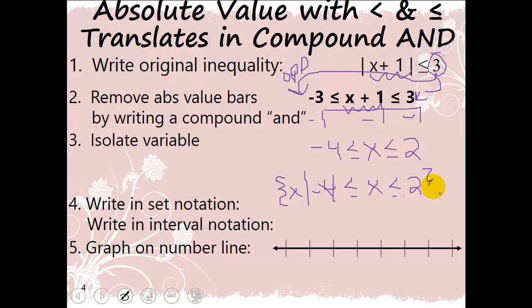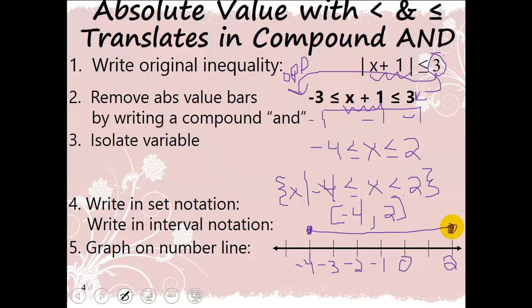To write that in interval notation, I get bracket, because that's what this symbol implies, and then comma 2. And then this symbol implies that I need to use a bracket again. So here's 0 on my number line, and here's 2, -1, -2. Can you guys hear the fireworks behind me? -4. Closed in circle. Closed in circle. And a line in between. That's a compound and.